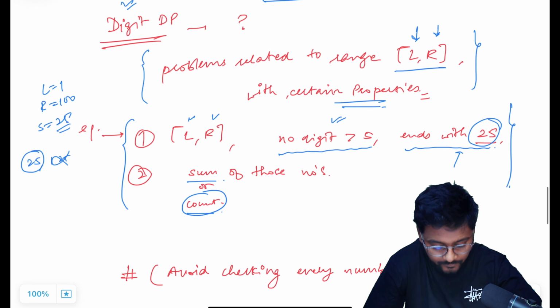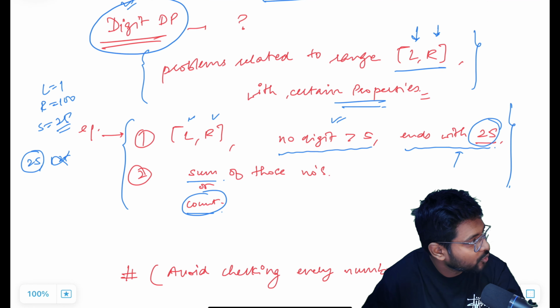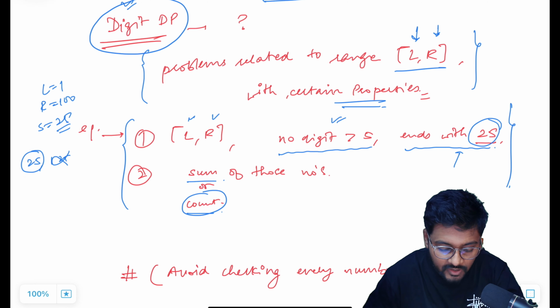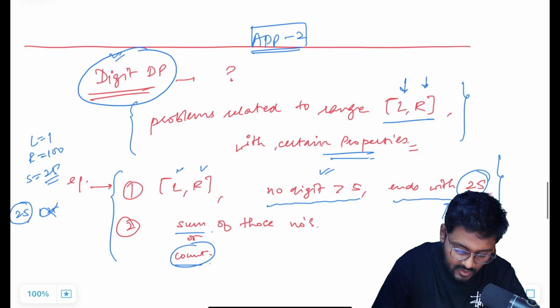And here, what is the main idea behind this? The main idea is what we did in our previous example, where we iterated over every single valid number. So starting with 25, I just directly jump to 125, then 225.